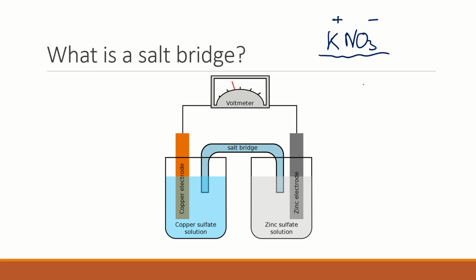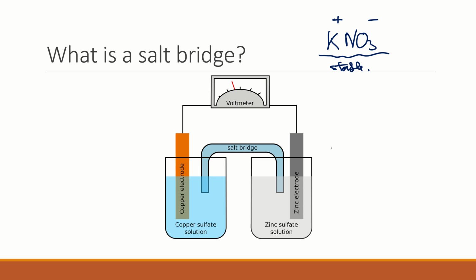The reason these ions are used is because they're very, very stable. They do not get involved in the chemistry of the cell. What they basically do is keep the two half cells electrically balanced so the charge can continue to move.